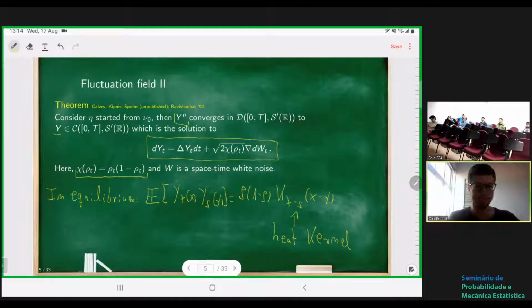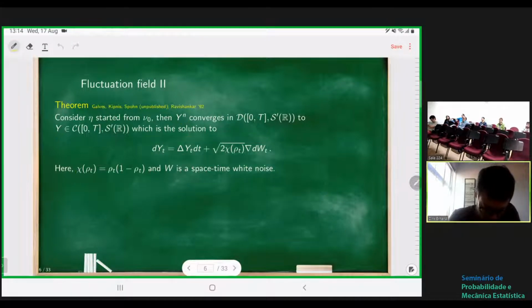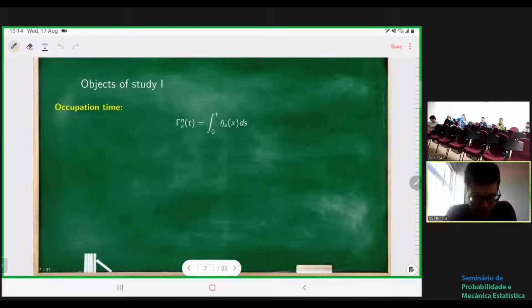So next, what I would like to talk about are the stars of this talk, namely the occupation time and the current. So what is the occupation time? Well, it's defined here. You fix some site x, then the occupation time associated with the site x, gamma_x(t), is the integral from 0 to t of eta-bar_s(x) ds.